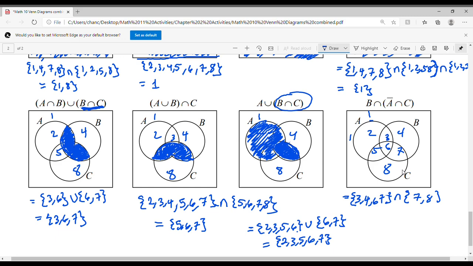Well, think about it. If you don't understand, everything outside of A and in C. So everything outside of A that's in C would be just 7 and 8. Now I'm going to find an intersection between these two, and that looks like they just have 7 in common. So we're going to shade region 7.